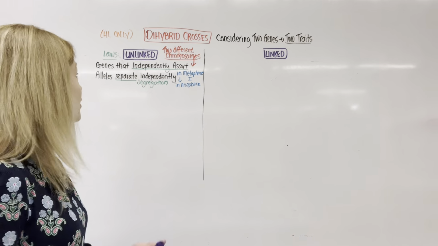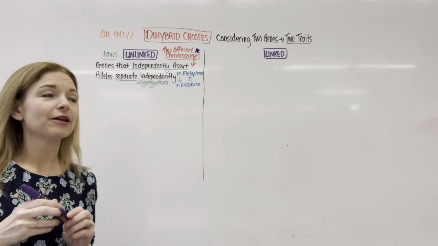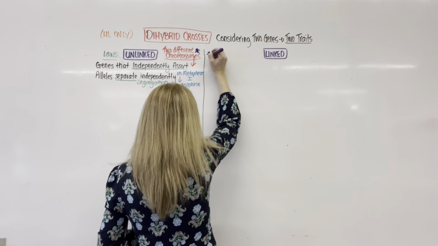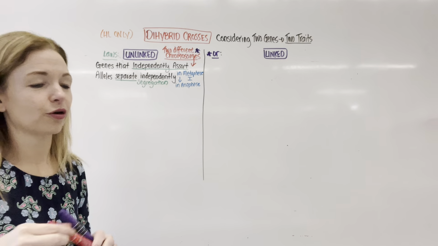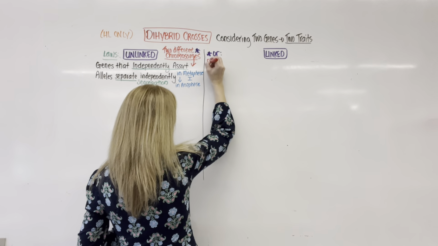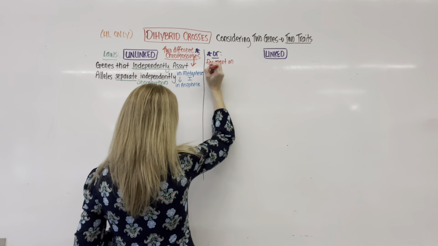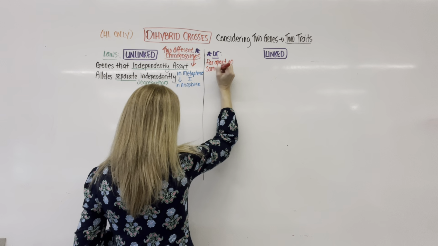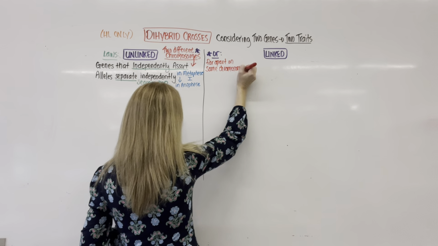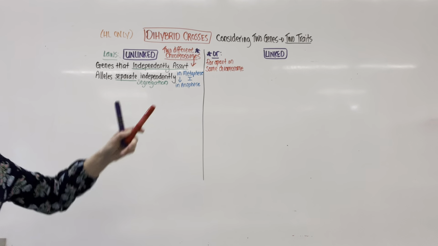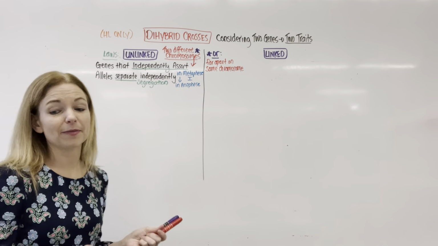So the first thing that makes them unlinked is different chromosomes, and then we'll add in, or actually go ahead and add it now, or they can be on the same chromosome, really far apart.